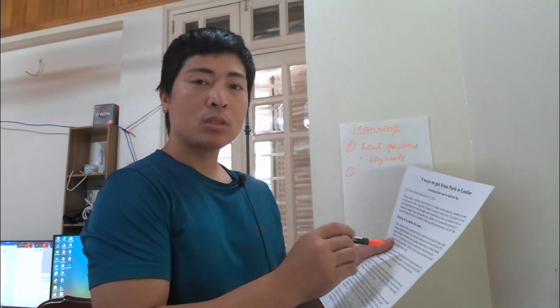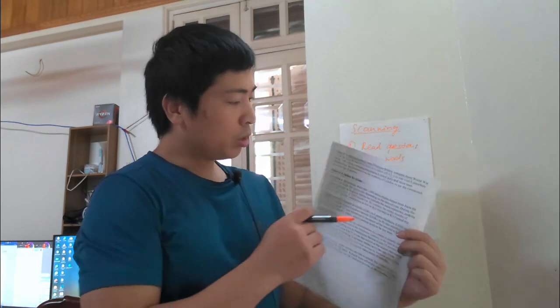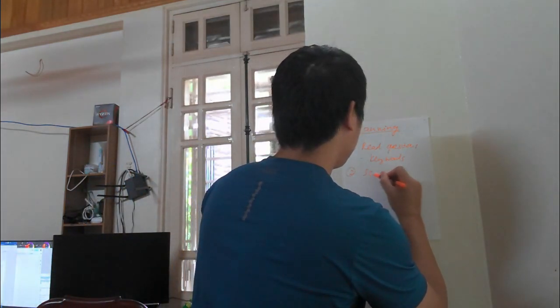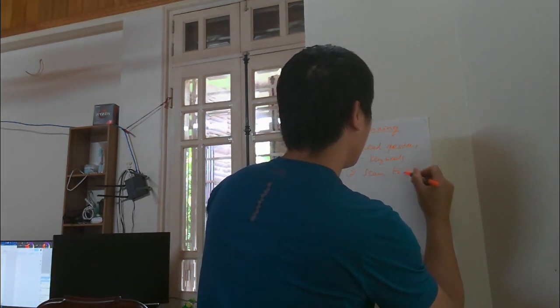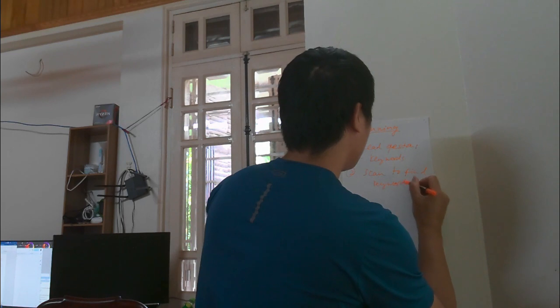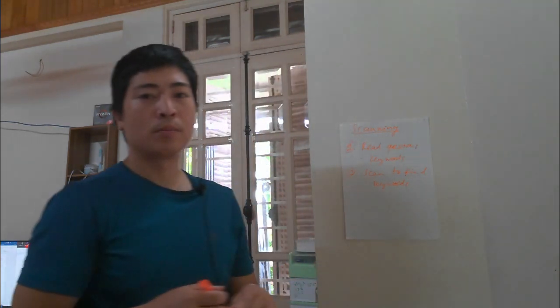If the article is organized into different sections with headings, you can go directly to the heading with relevant information, right? Yes. So next step is scan to find the keywords from the question.